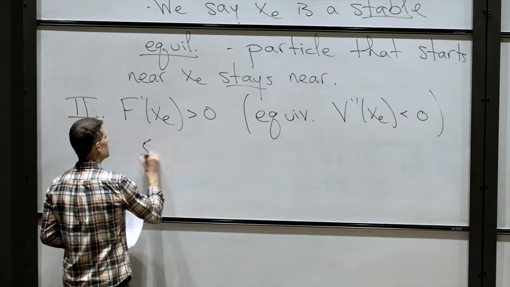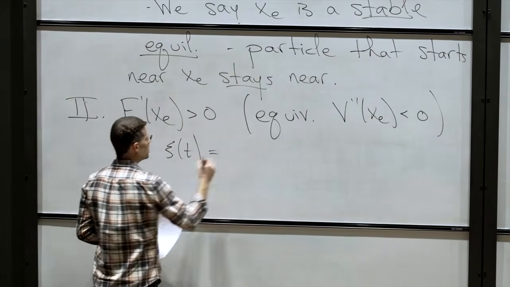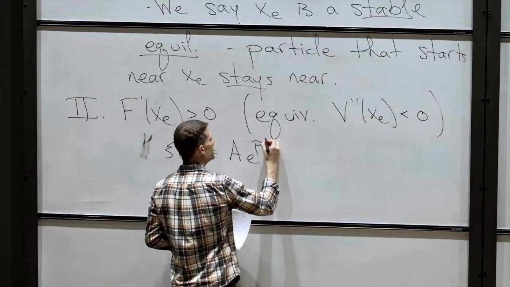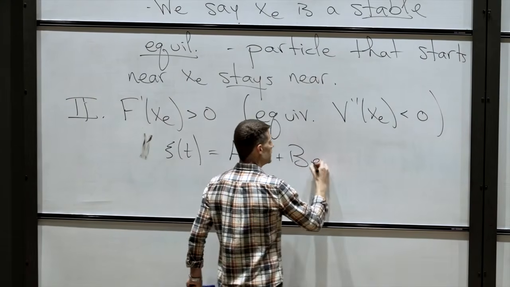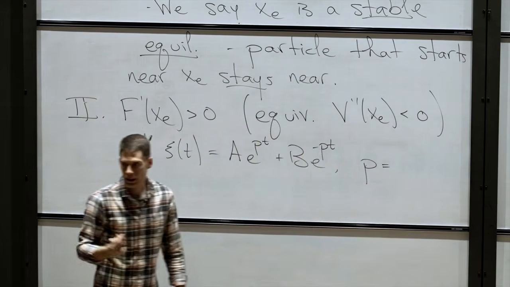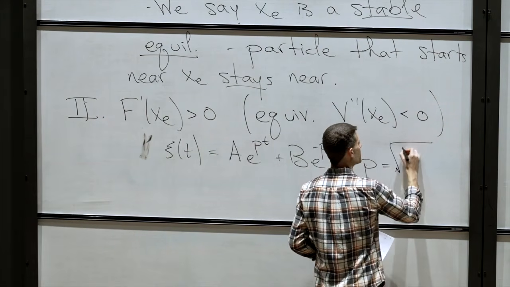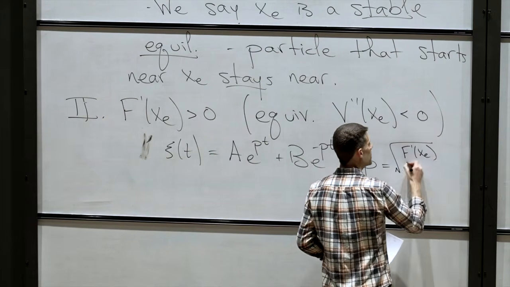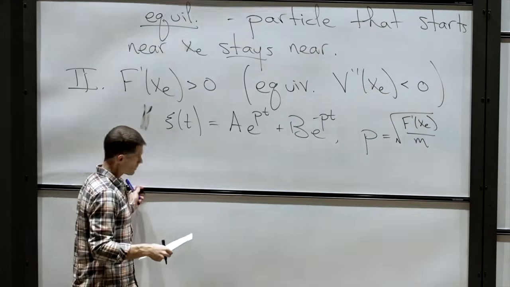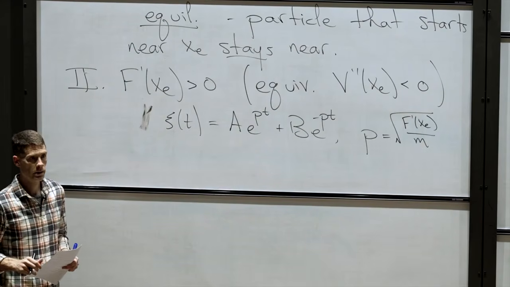Then psi is exponentials, which we can write as a e to the pt plus b e to the minus pt, where here p, I'm not going to use omega because omega looks like a frequency. p has the same kind of definition, a square root of f prime at xe over m. And this is what we call an unstable equilibrium.